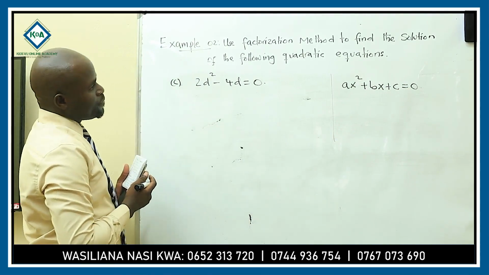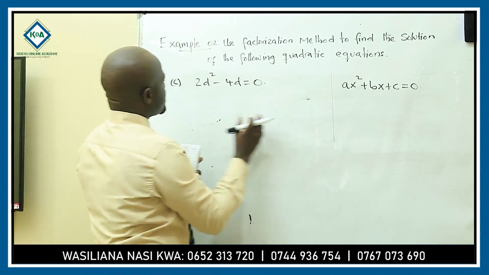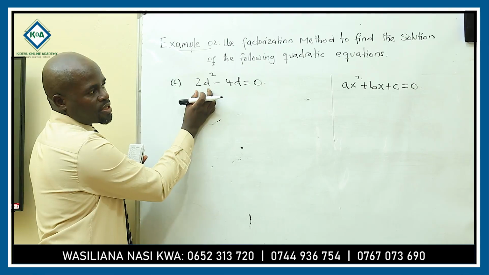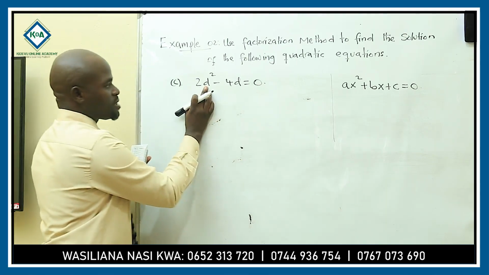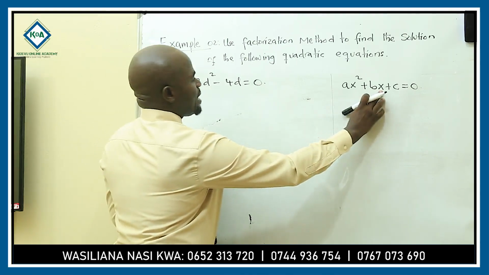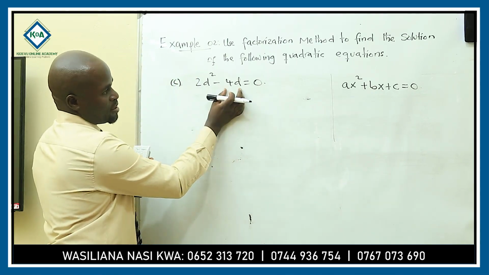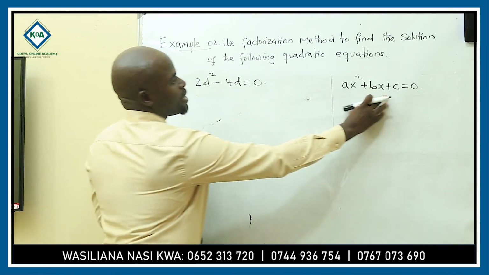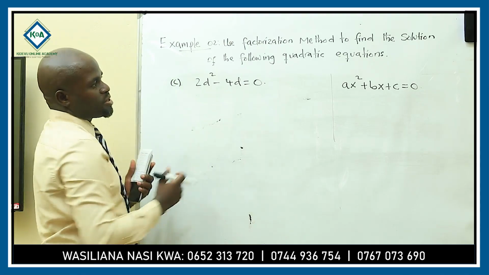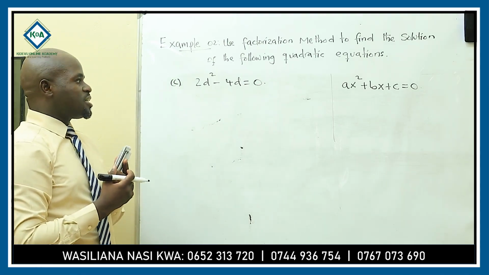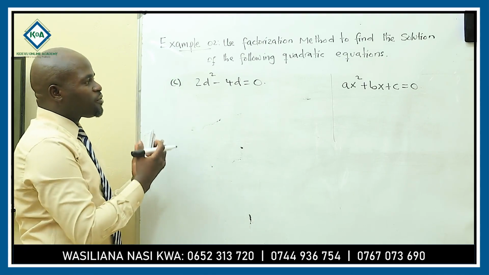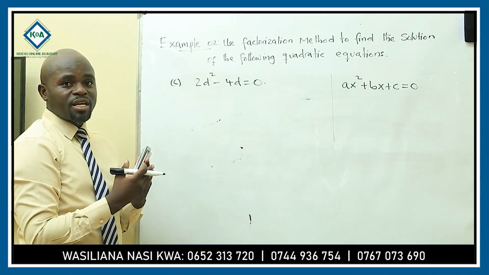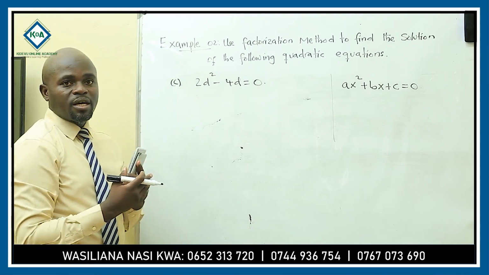Now, let us see. Do we have ax squared? Yes, it is 2d squared. Instead of x here, now we used d. Do we have bx? Yes, it is negative 4d. Then after bx, we have c. Do we have c here? There is no c. So if there is no c, it means we have to find the factors in a different way from what we did in the other examples.